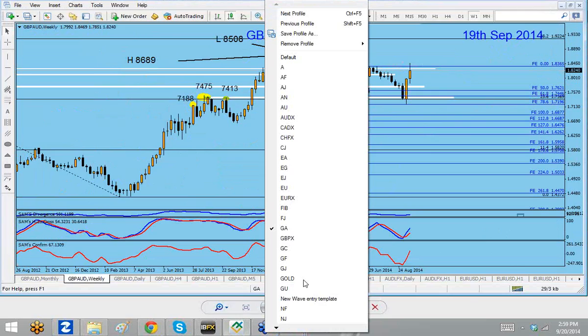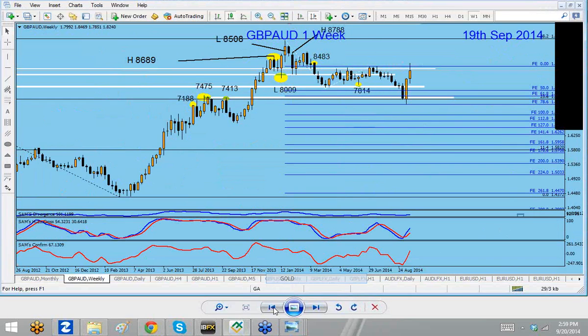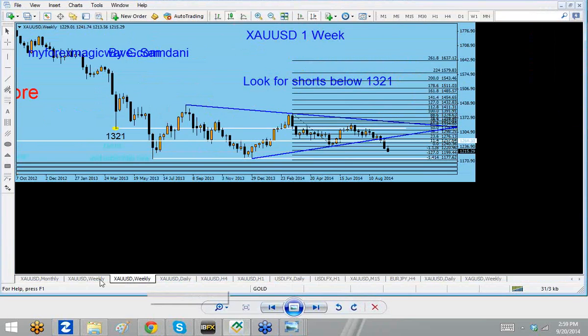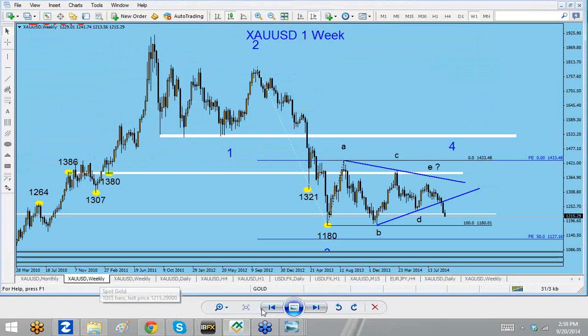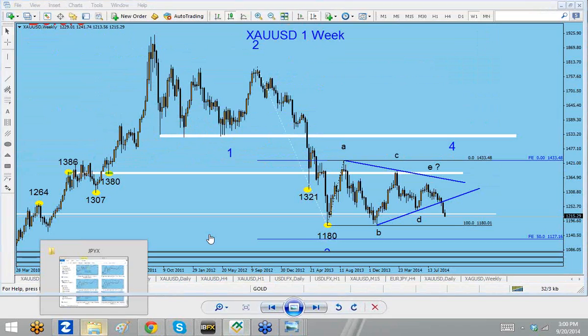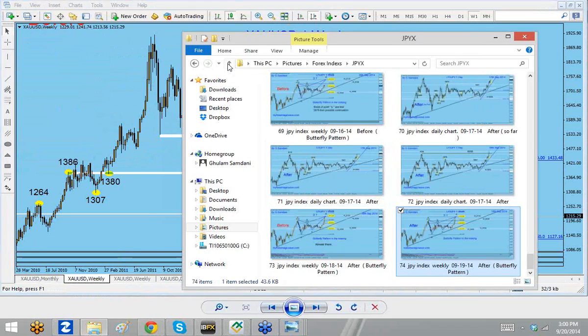Gold, everybody was asking what's happening with gold. Let me see if I can look where it is now, and pull up my old chart.